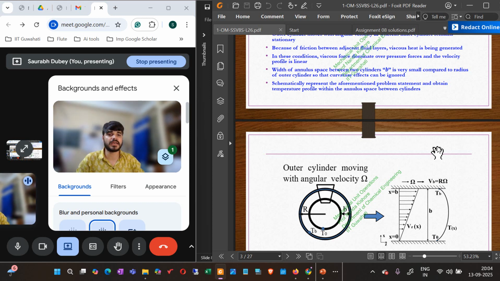And then the width of the annulus space between the two cylinders, which is B, is very small compared to the radius of the outer cylinder, so that the curvature effect can be ignored, right?